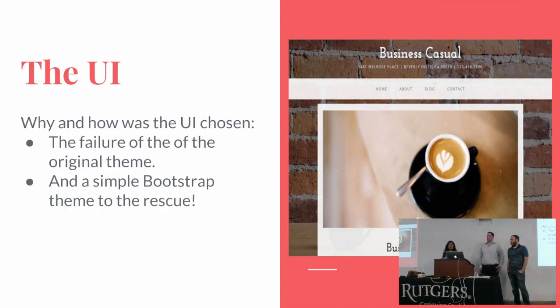Then we became pressed for time, and on Wednesday it was decided to go with something that could meet our needs, that was not as complex but would get everything out there. We used this business casual theme that Kevin was able to find online, and it worked extremely well for us.